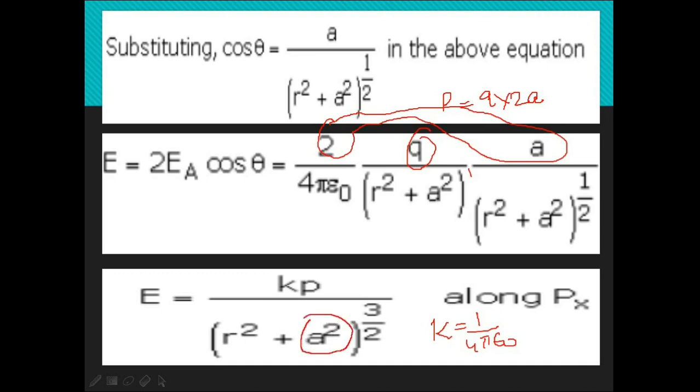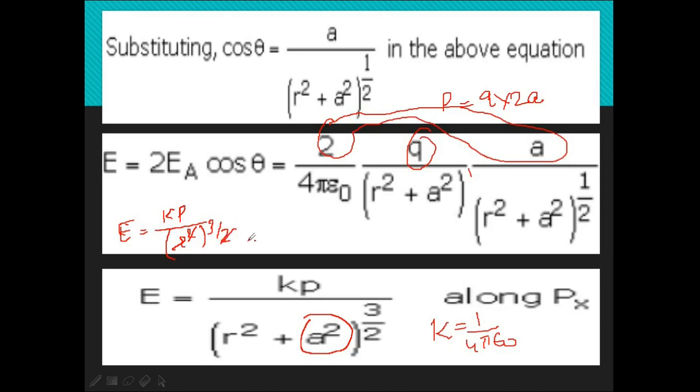Now our result is E equal to KP over, A is neglected, then A is equal to 0, then this is equal to 3 by 2. Now the power is cancelled out, this 2 is cancelled out by 2.